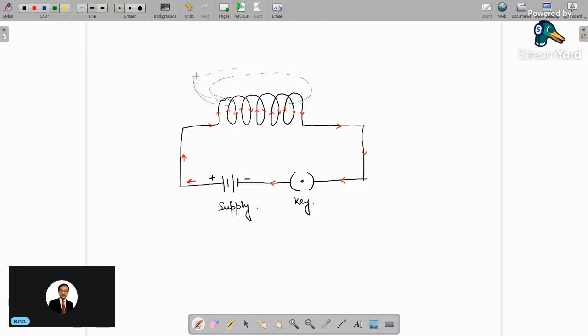this, will be created like this, due to the current carrying conductor, and the direction of the magnetic lines of force will be this. For this end, the direction of the magnetic lines of force will be this. It can be seen like this.